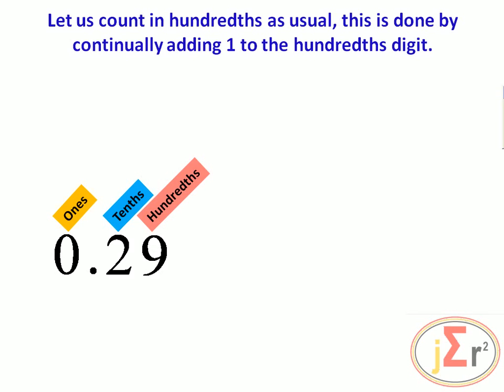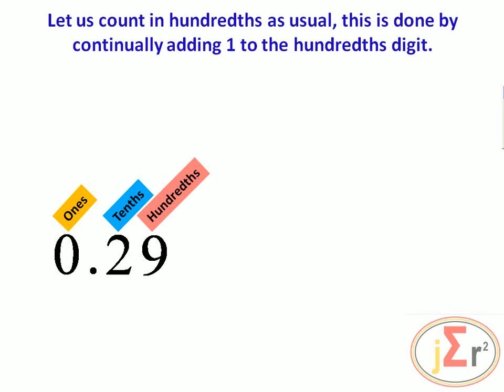There we have it. Now, the question that we are answering is, why do we, when counting in hundredths and we have 10 hundredths, why do we return the hundredth digit to 0 and add 1 to the 10th digit?